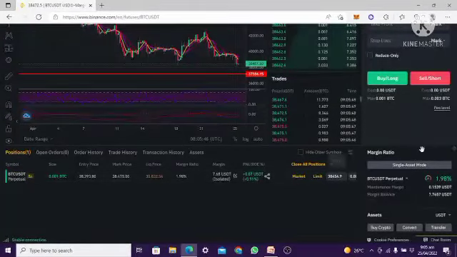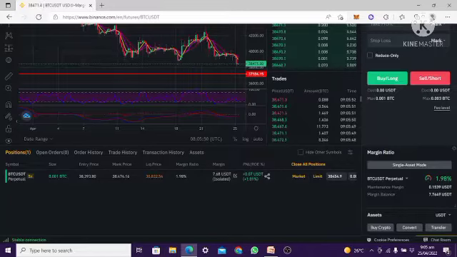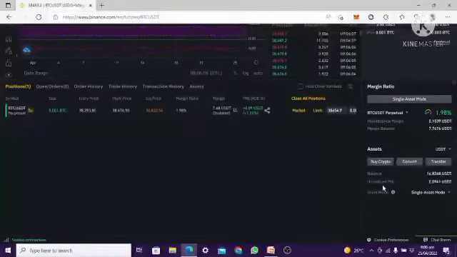So now we can see that is what that means here. Then we have a maintenance margin, which is this, and this particular 0 point, this is your maintenance margin, and margin balance is $7.76. That is that. So buy crypto and convert and transfer.